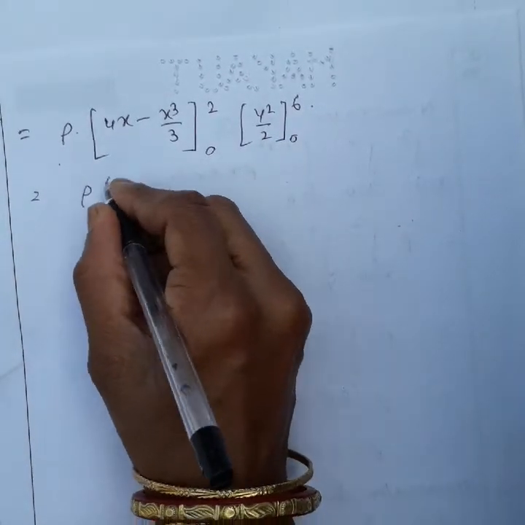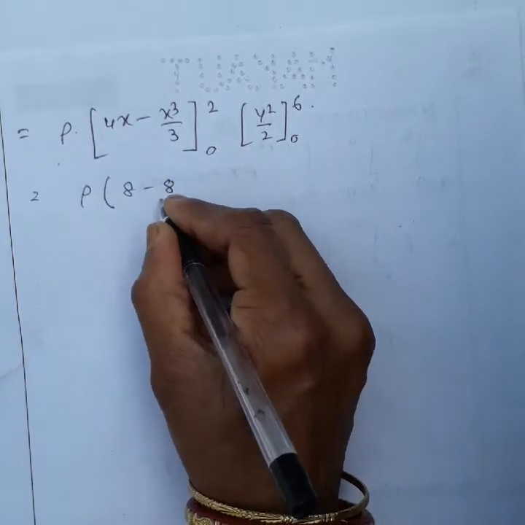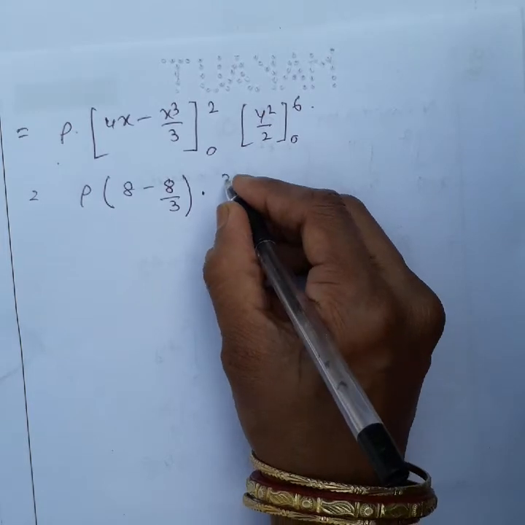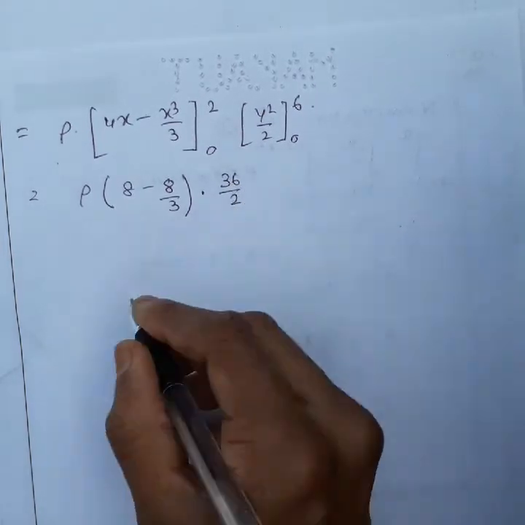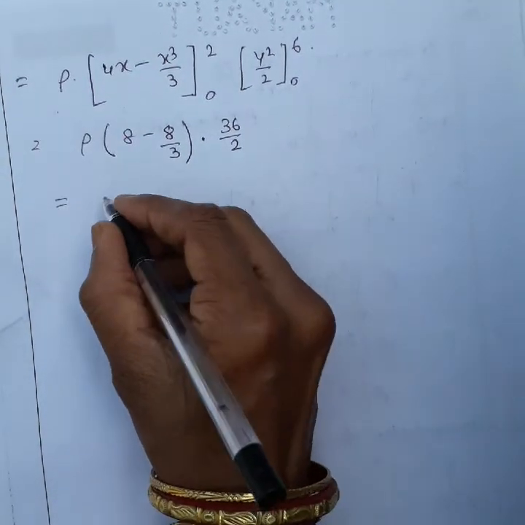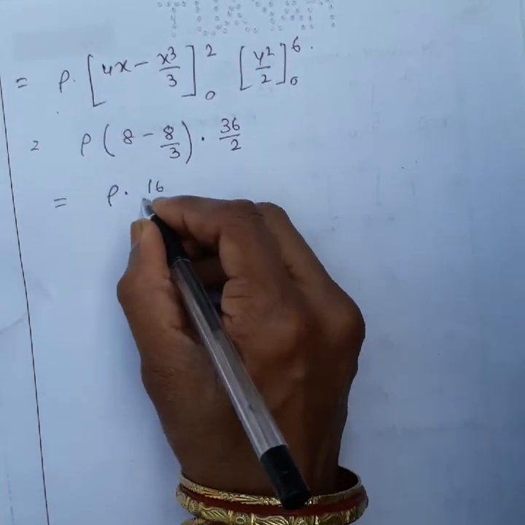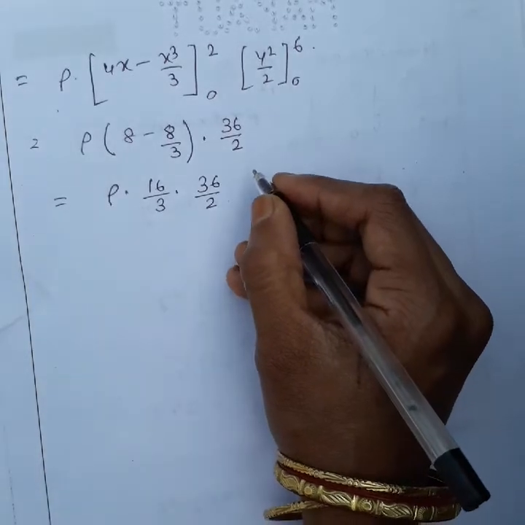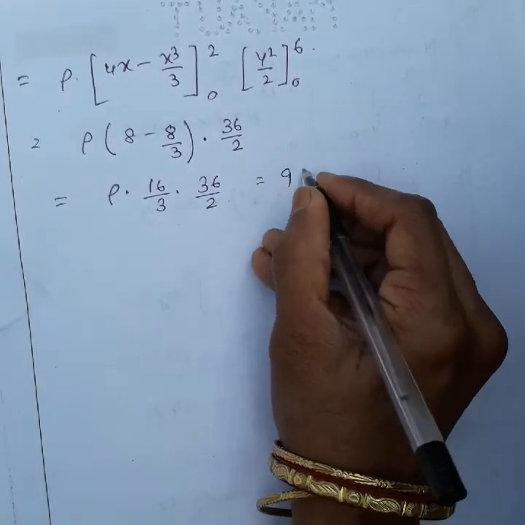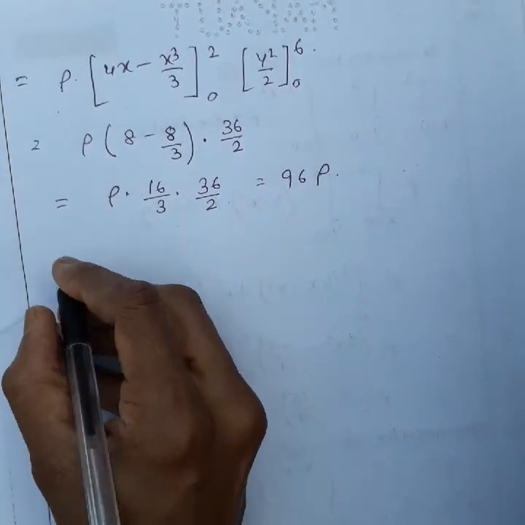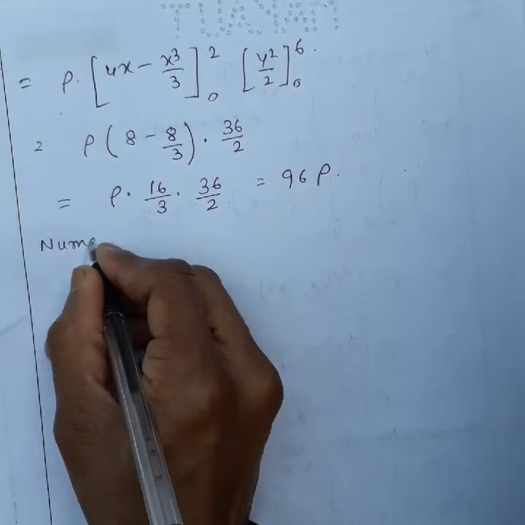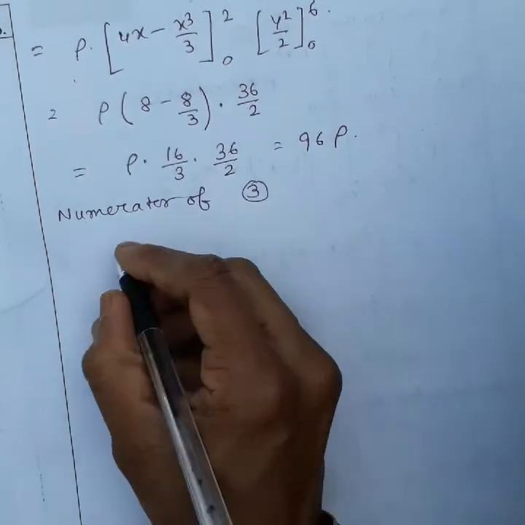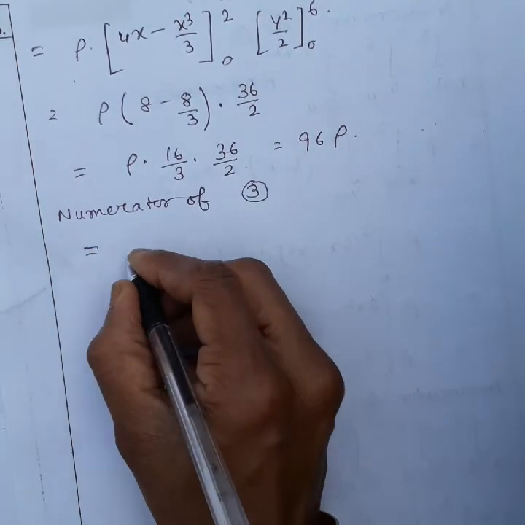So it will be rho into 8 minus 8 by 3 into 36 by 2, that is equal to rho into 16 by 3 into 36 by 2, which is 96 into rho.